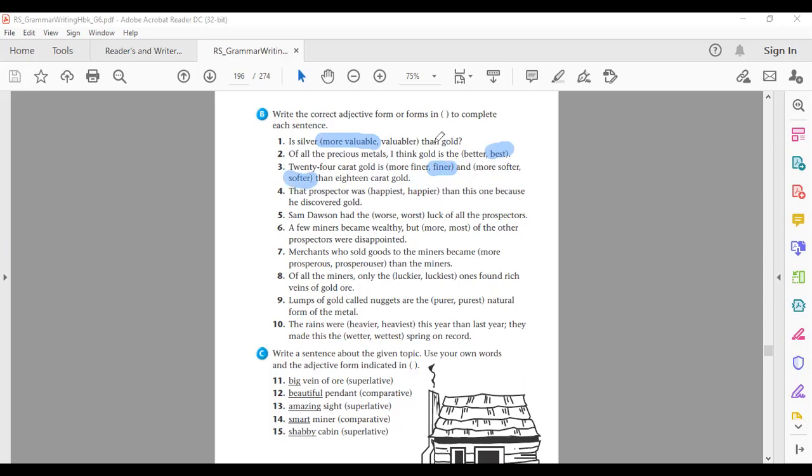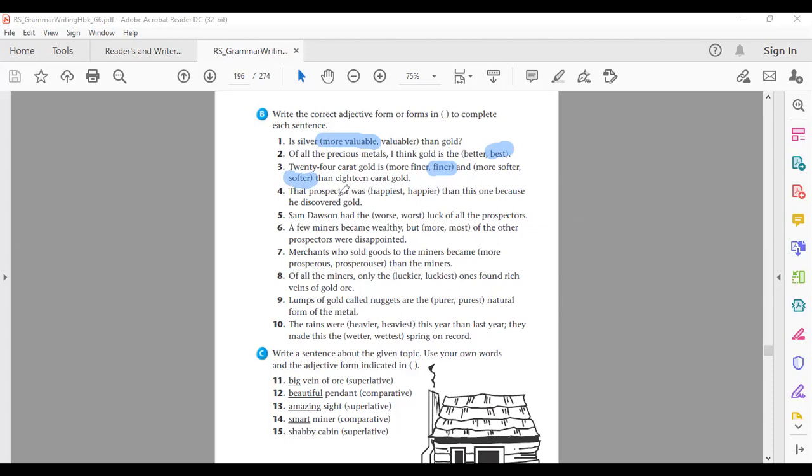Lean, number 4 for you. The prospector was happier than this one because he discovered gold.